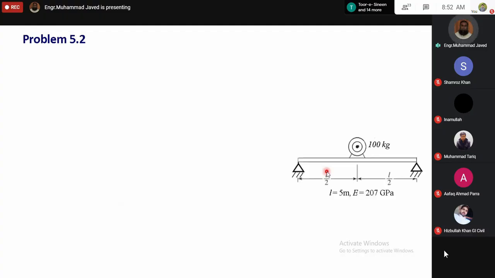Okay, so we have a simply supported beam and a rotating machine whose mass is 100 kg attached or anchored to the beam. Length of beam is 5 meter and it is made of mild steel whose modulus of elasticity is 207 gigapascal.